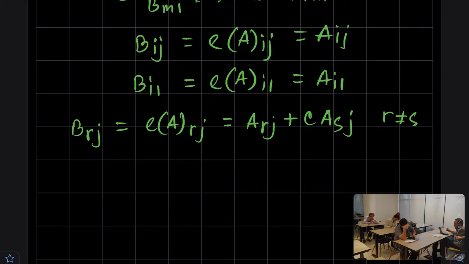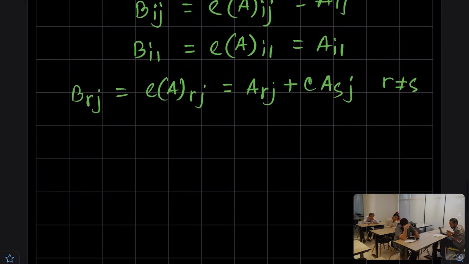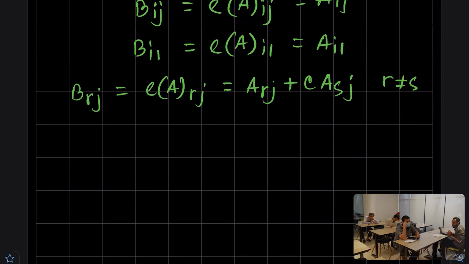Okay. So now, what will be the row r of the matrix B? B_r1 to B_rn, right?